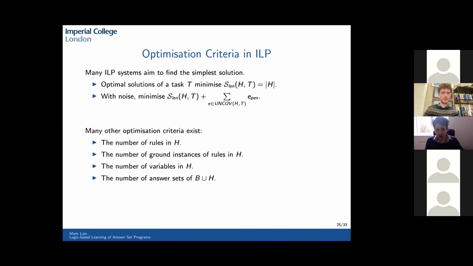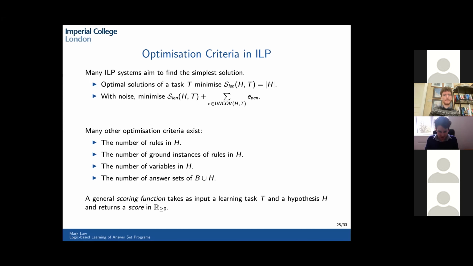But there are lots of other optimization criteria that exist. So for instance, the number of rules within the final program, the number of ground instances of those rules, the number of variables within the hypothesis, or even the number of answer sets of the learned program. A general scoring function would be able to take any of these optimization criteria.